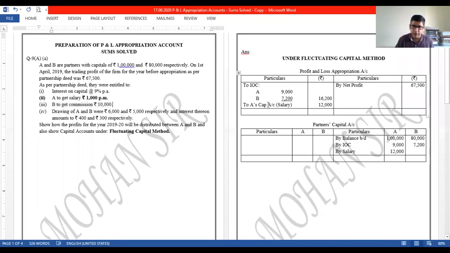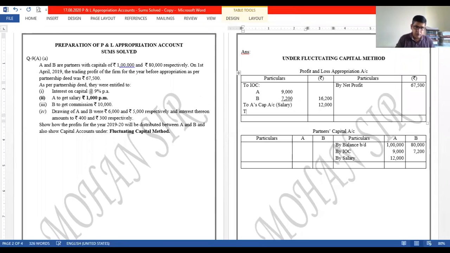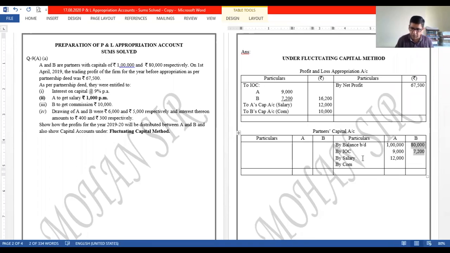So let us write over here in the appropriation account, to B's capital account, and in brackets you can write that it is because of commission. The amount given to us is rupees 10,000. Now from here commission has to be given to B. So in partners' capital account on the credit side, let me write by commission in the column of B, rupees 10,000.